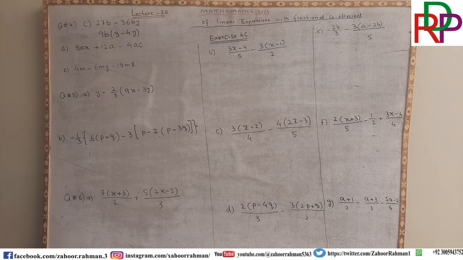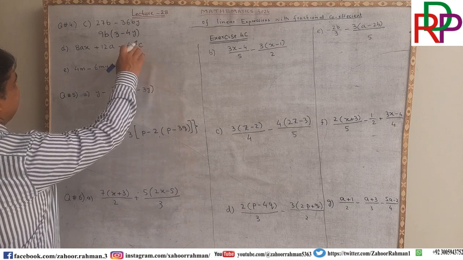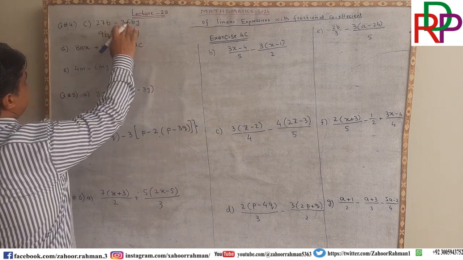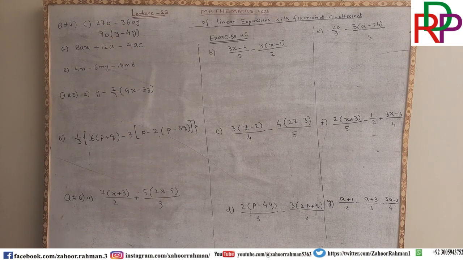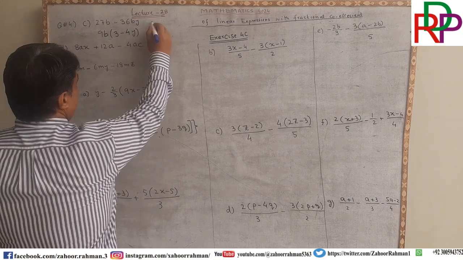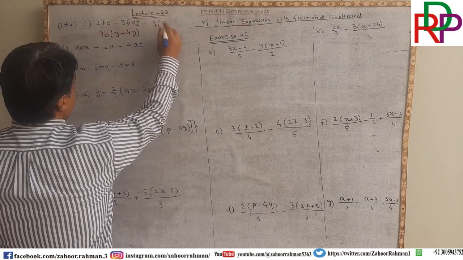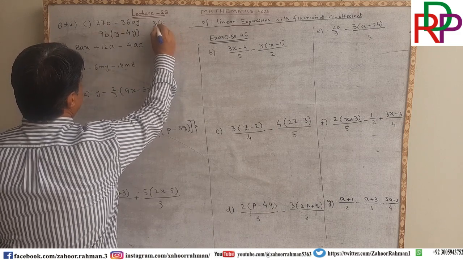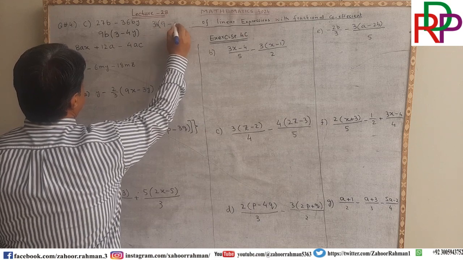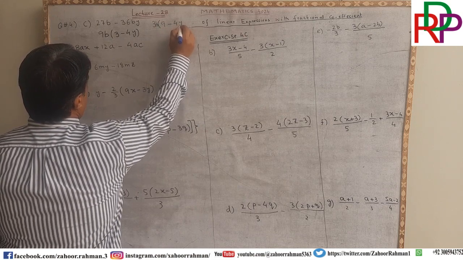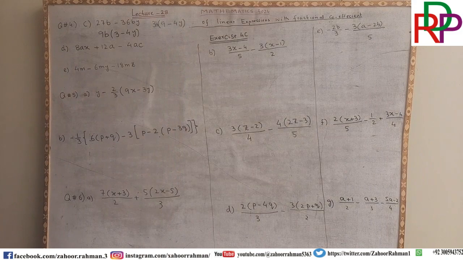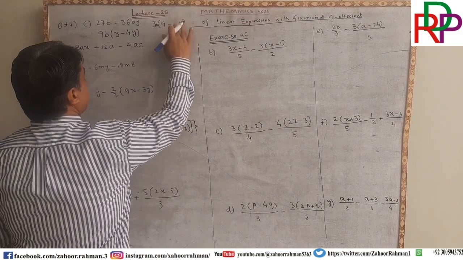I told you that you will learn one new thing inside it. Ladies and gentlemen, you will say that we can take 3 as well as common from it. Because if we are taking 3 as a common, then it will be 9, 3b is a common, so it will be 9 and 4y, 3b, no, 12y.